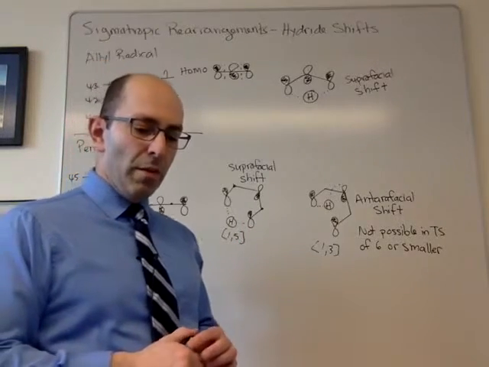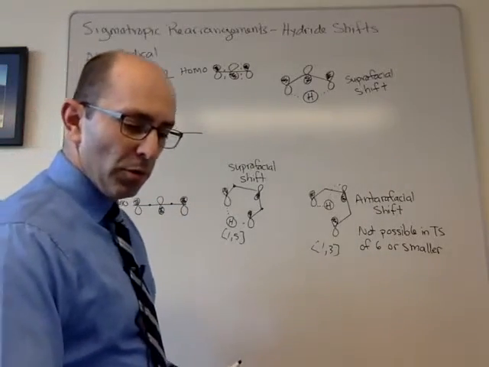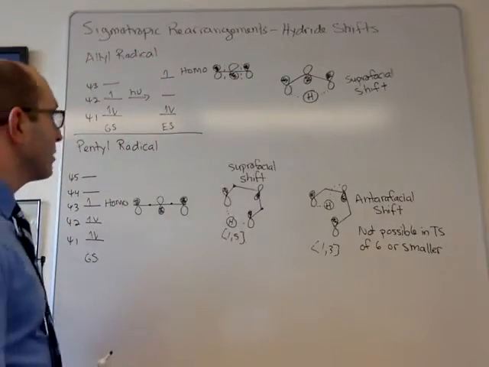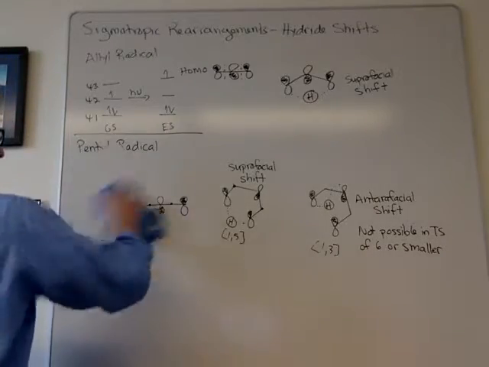So when we're thinking about what is possible, we can draw out the Woodward-Hoffmann rules for sigmatropic rearrangements, all right? So let me just erase this, and then we'll draw out the rules, and then we'll be all set with the hydride shifts.